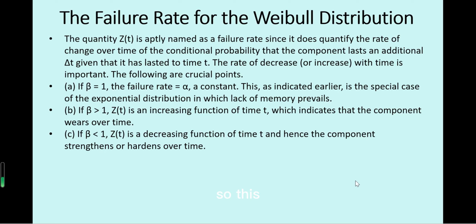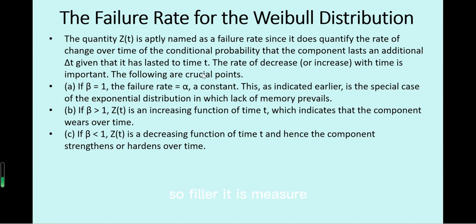So this failure rate for the Weibull distribution is quite interesting, because the quantity C(t) is actually named a failure rate since it does quantify the rate of change over time of the conditional probability that the component lasts an additional delta t, given that it has lasted to time t.